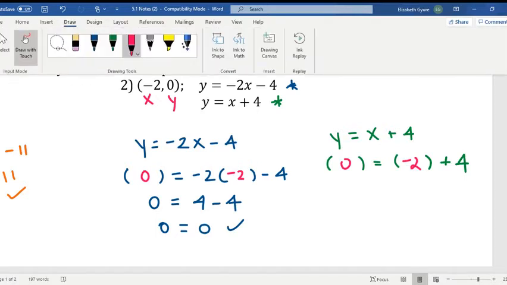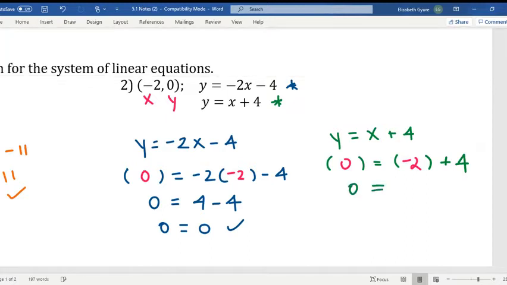Do we need to do anything with that 0 on the left? No, it's just by itself. Bring it down. Equals. And then you just have negative 2 plus 4, right? Anything we need to worry about multiplying? No, it's just negative 2 plus 4. There's nothing else going on there. What is negative 2 plus 4? 2.